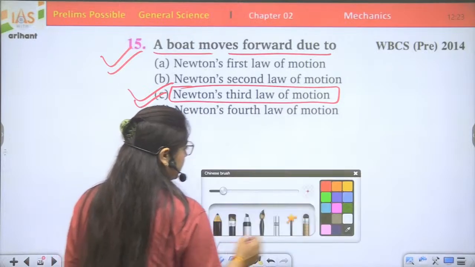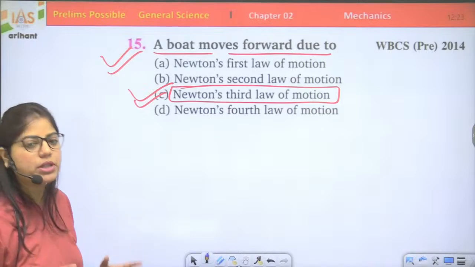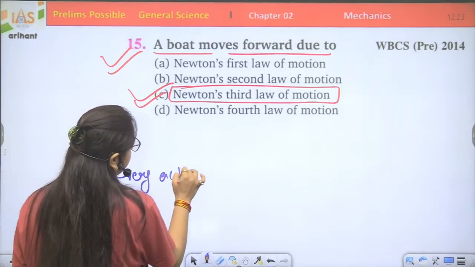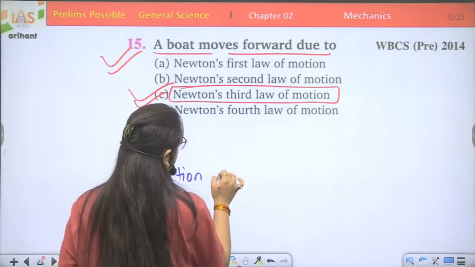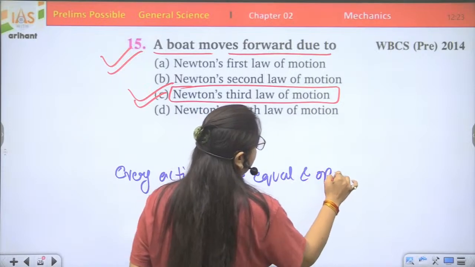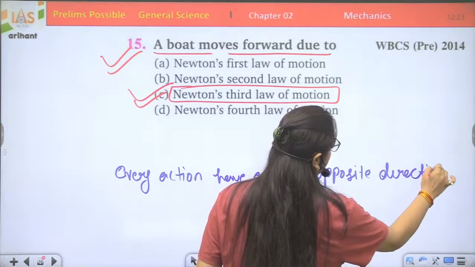Why? Because the third law of motion says every action has an equal and opposite reaction, in the opposite direction.